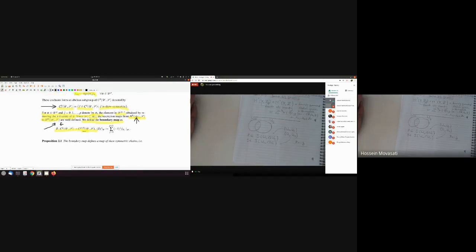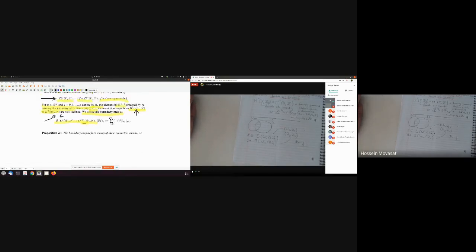Remember that I defined the skew symmetric ones, which at the end told me that it is good just to look for functions on the intersection of open sets, and it doesn't matter the order of intersection, and that's why we define the skew symmetric.